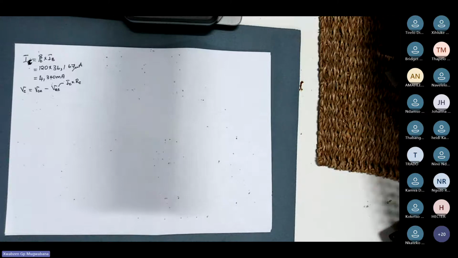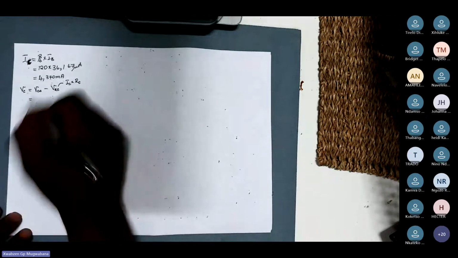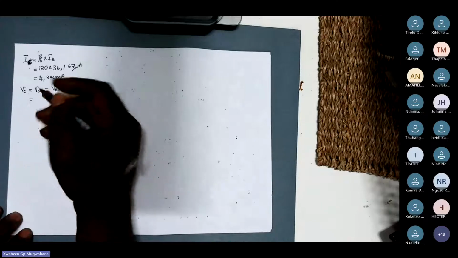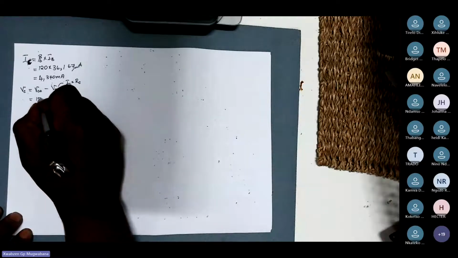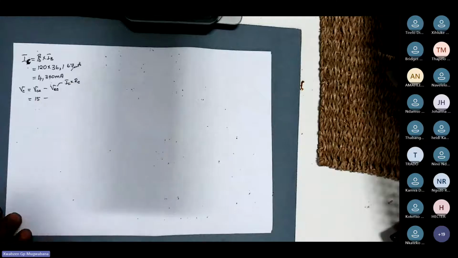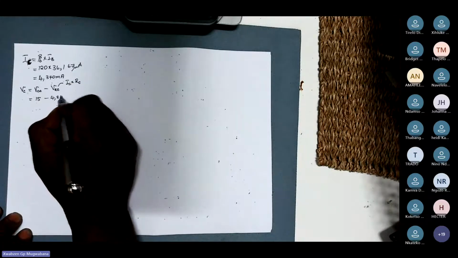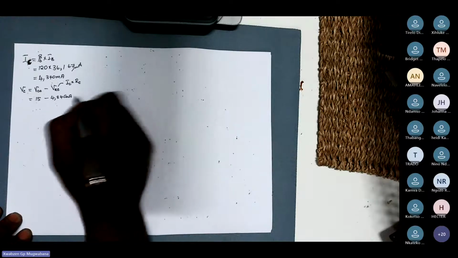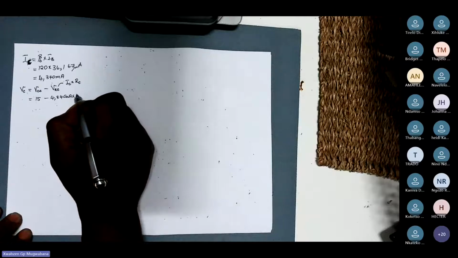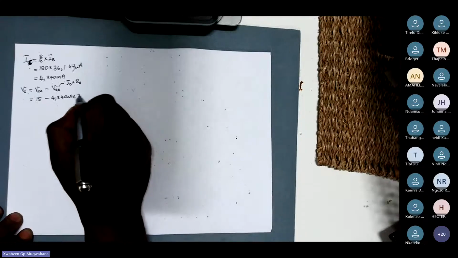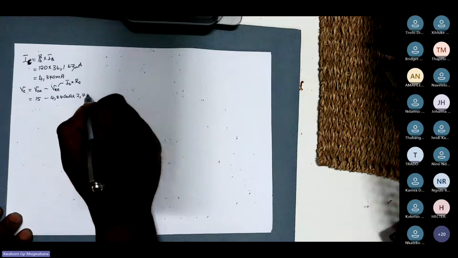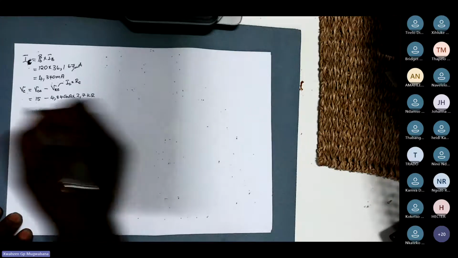Are we together? Now, VCC in this case is 15 minus your IC, which is 4,340 milliamps, multiplied by your RC. In this case, RC is 2,7 kilo ohms, which gives you what?